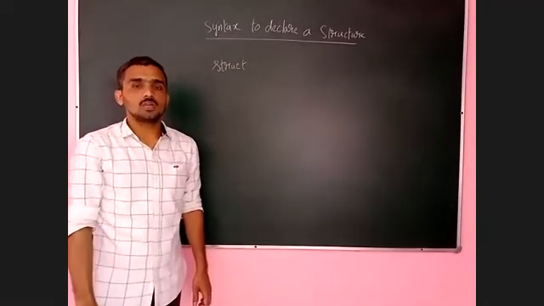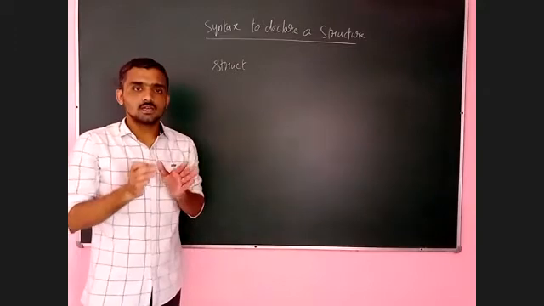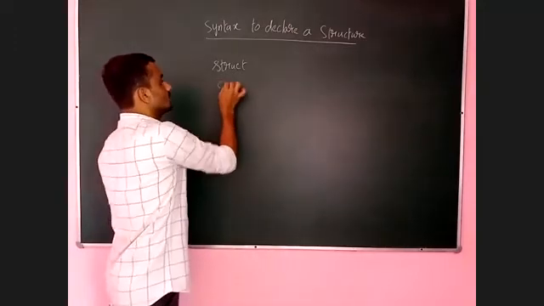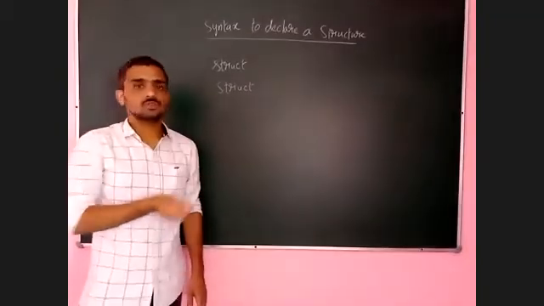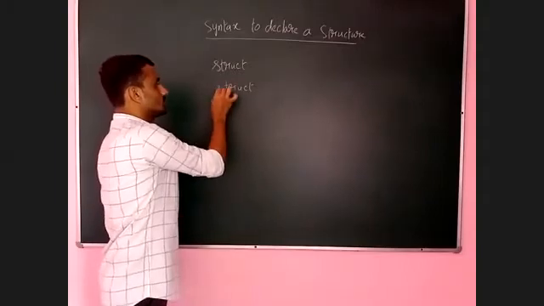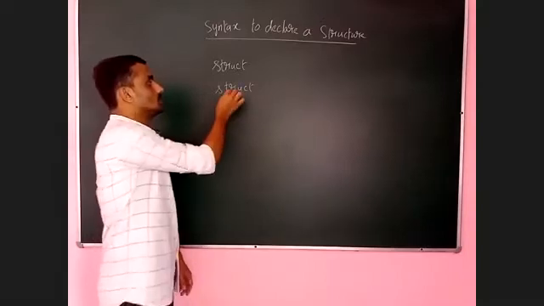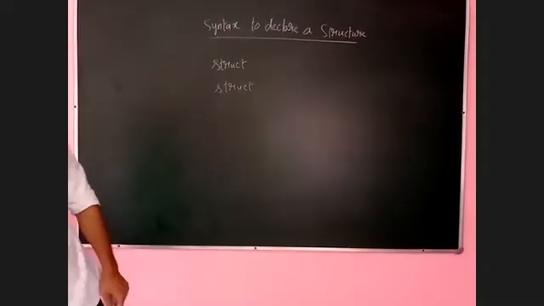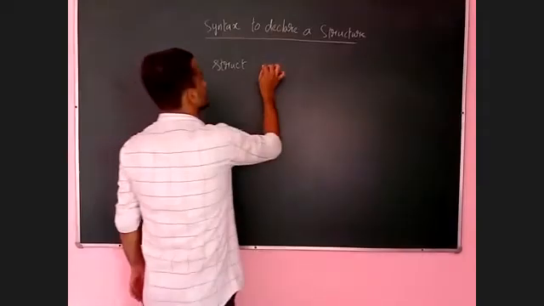Sometimes what happens, like in English, we have the practice of writing the first letter of a paragraph in capital. If you have practiced writing like that, you have to change the habit. It should be written in small letters only, even when you are starting a new sentence; the word struct should be lowercase. Then, followed by the struct keyword, there is a structure name, with at least one space.